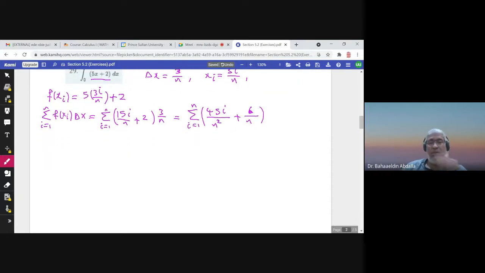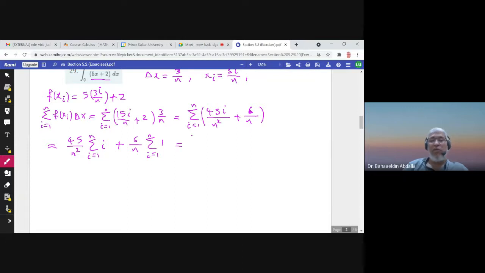Well, then I will write it as 45 over n squared, taking the constant outside, summation of i, plus 6 over n. I can take 6 over n outside or leave it inside. If you take it outside, there will be 1 inside.